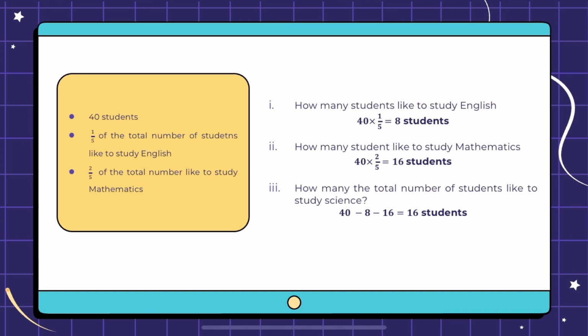To find how many students like to study science, we can subtract from the total students in the class the students who like to study English and mathematics. So, 40 minus 8 minus 16 equals 16. So, the students who like to study science are 16 students.